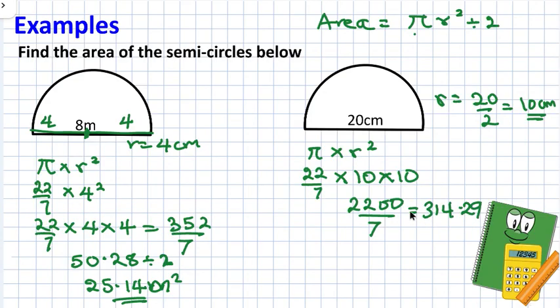So if you are looking at a semicircle, remember after finding the area, you need to divide it by 2. So we have 314.29 divided by 2. Then our answer, use your calculator to do that, you would get 157.14 centimeter square. So this is the area for our semicircle.